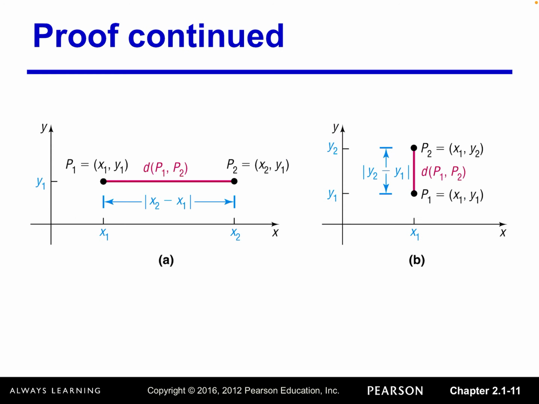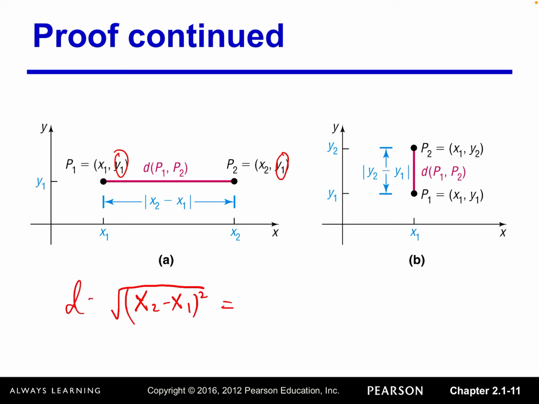If it's a horizontal line segment or a vertical line segment, the distance formula simplifies. For a horizontal line segment, the two y coordinates are equal, so there's no difference between them. That's why it's only the square of the difference between the two x coordinates, under the square root.